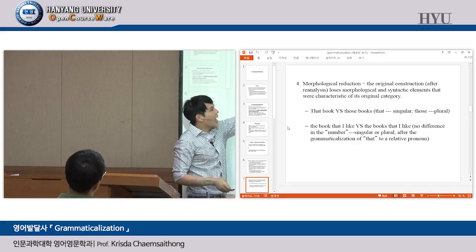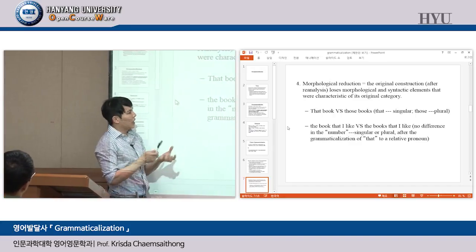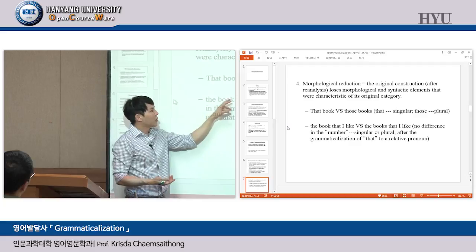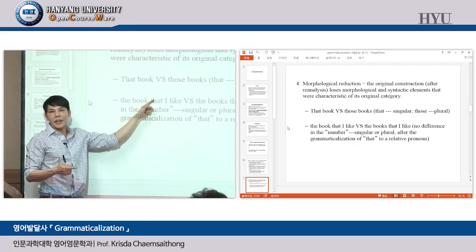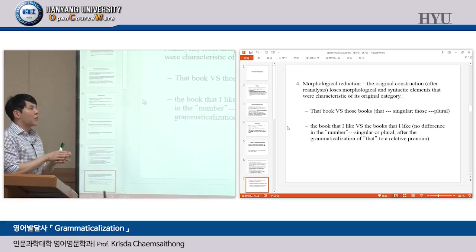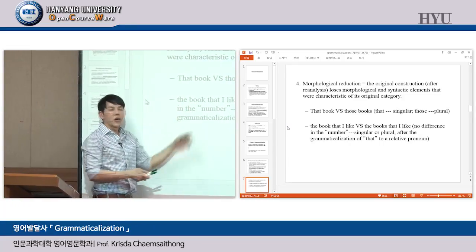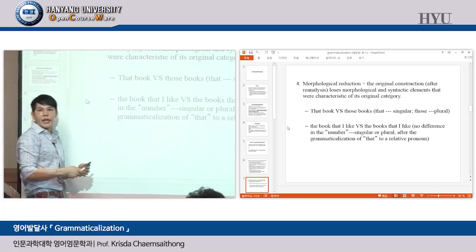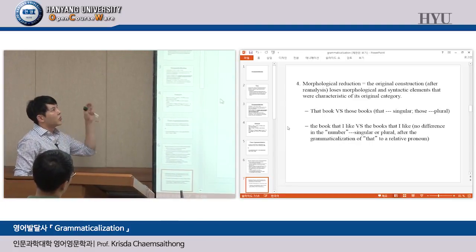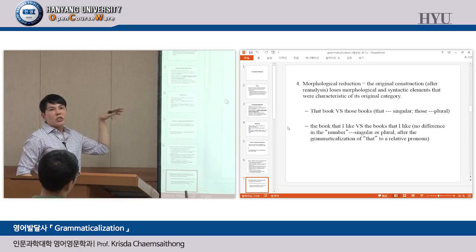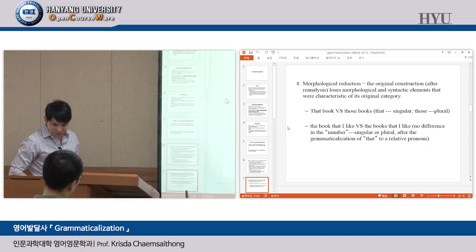However, when the word that became a relative pronoun, the book that I like, the books that I like, here you just use the word that across the board, regardless of whether the book is singular or plural, right? So this is what happens when grammaticalization takes place. Morphology is no longer important.